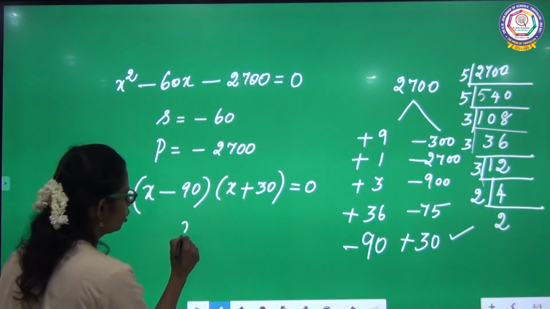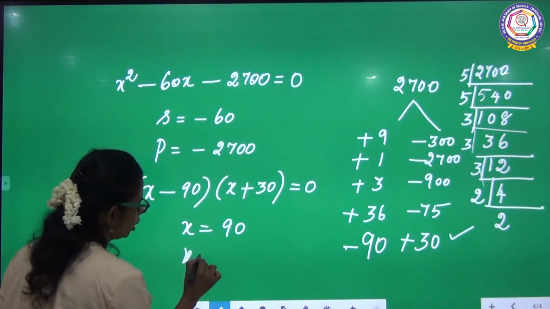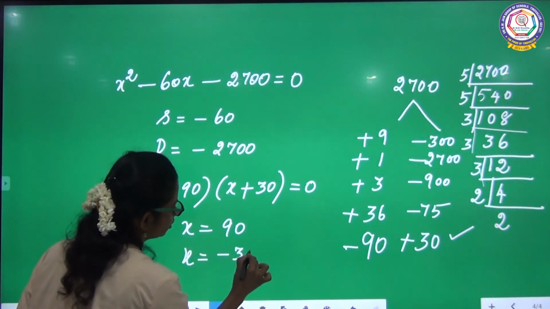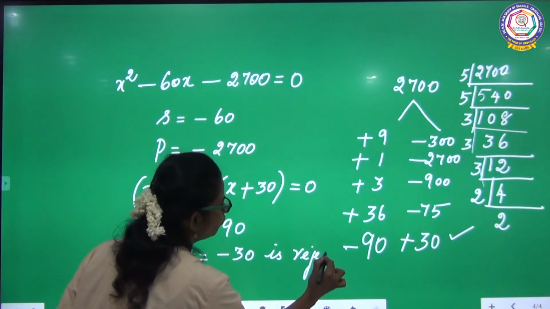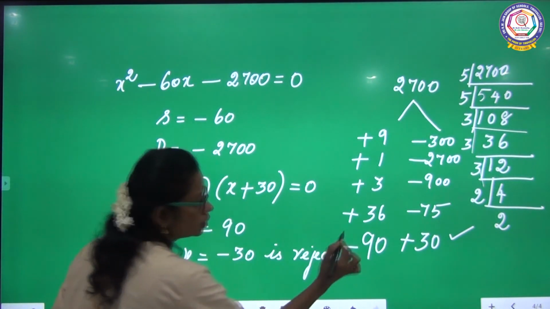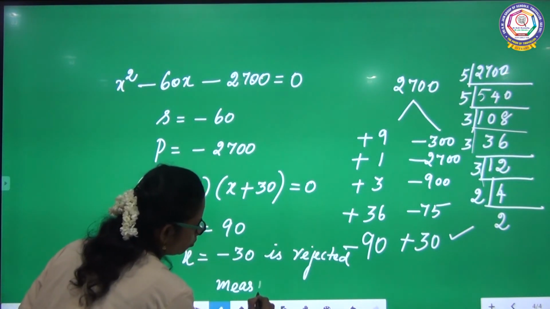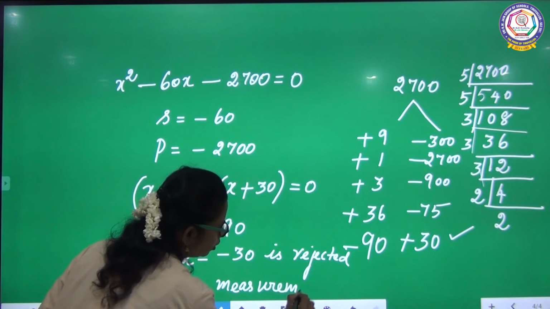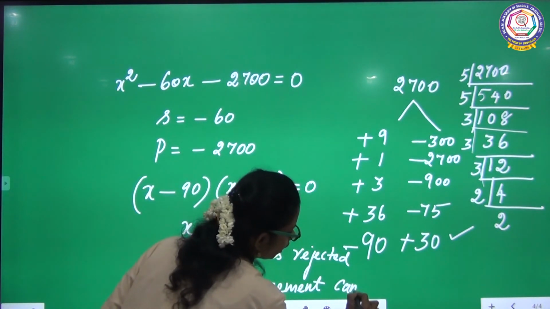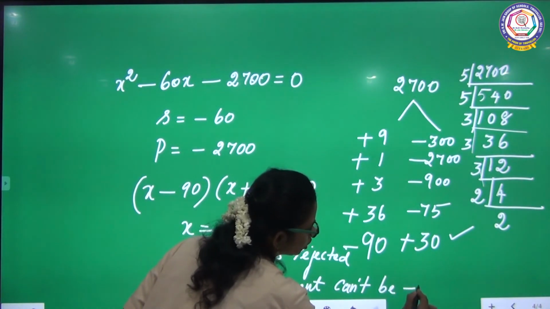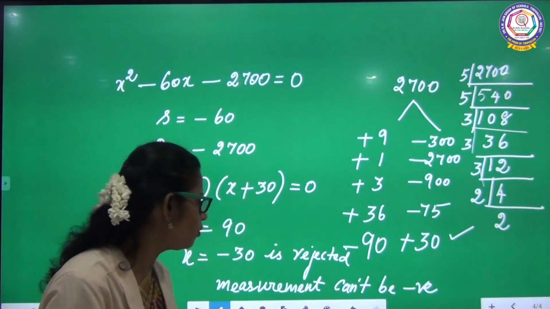So x is equal to 90, x is equal to minus 30. You know the reason we are rejecting the term. Why are we rejecting? Measurement cannot be negative. See, the things I used to write on the right side, that habit you should develop.